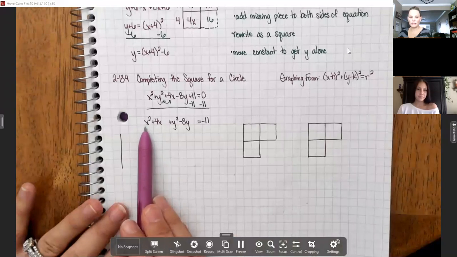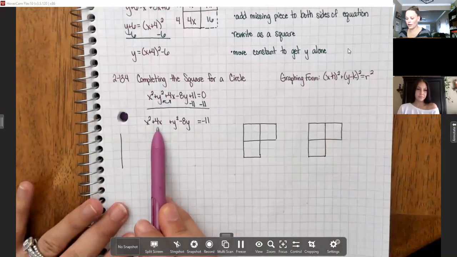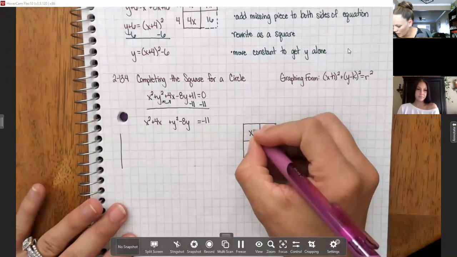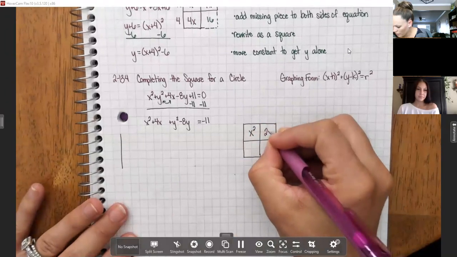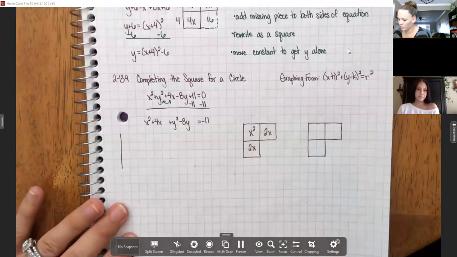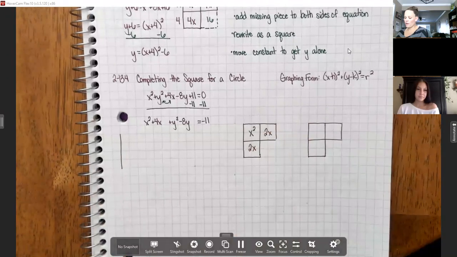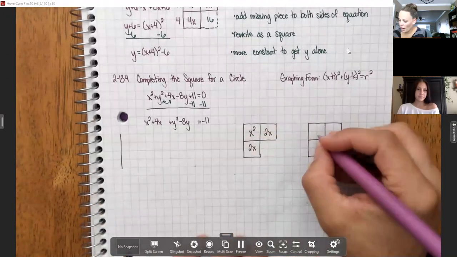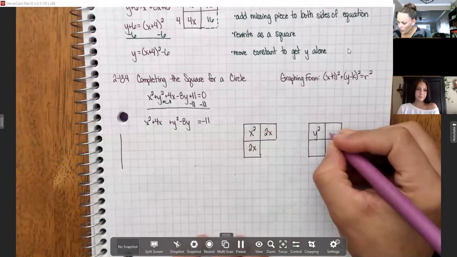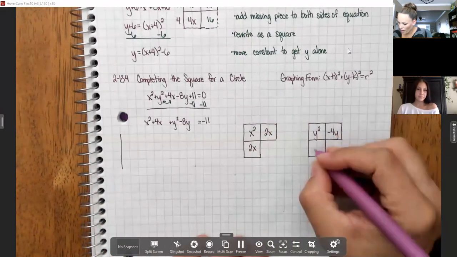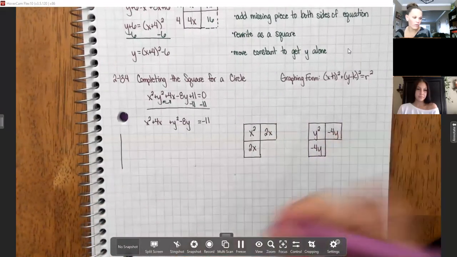So for my x's, I have x squared plus 4x. So I cut the 4x in half. That's 2x and 2x. And for my y's, I have negative 8y, and I cut that in half. Make sure you include the negative: negative 4y and negative 4y.